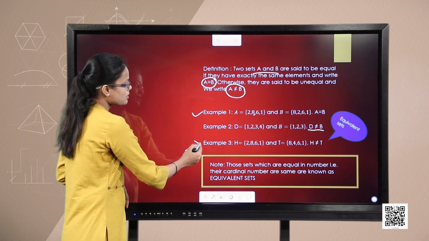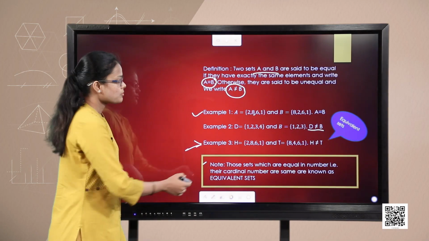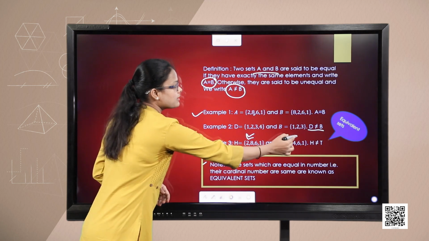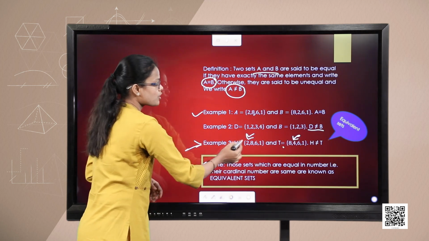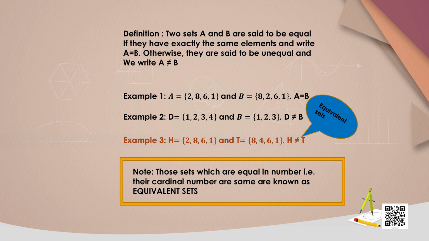Now, see the last example, example number 3. H consists of 4 elements 2, 8, 6, 1 and T also consists of 4 elements 8, 4, 6, 1, but they are not equal. Why? Because 2 is not there in T and element 4 is not present in H. So, they do not have the same elements.